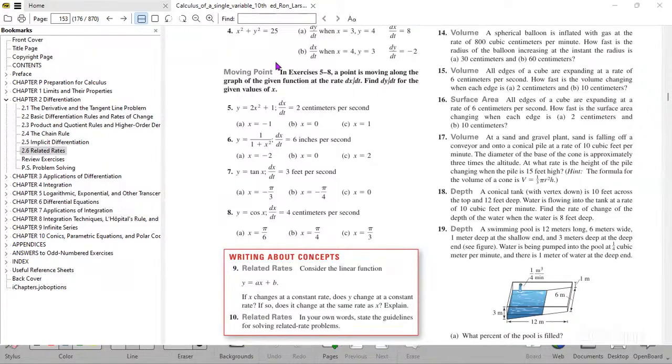Yeah, can we also try number 16? Okay, so question number 8 you said, right?